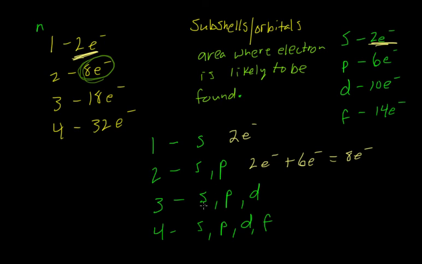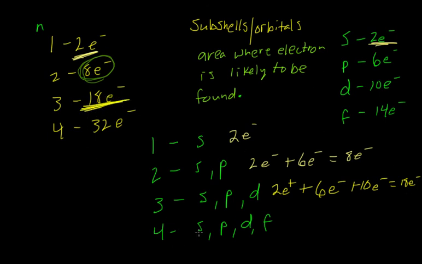If we continue on, we've got an S, P, and D in the third energy level. So 2 plus 6 is 8, and a D can hold 10 electrons, so 8 plus 10 gives me 18 total electrons, which is the same number that we have here.